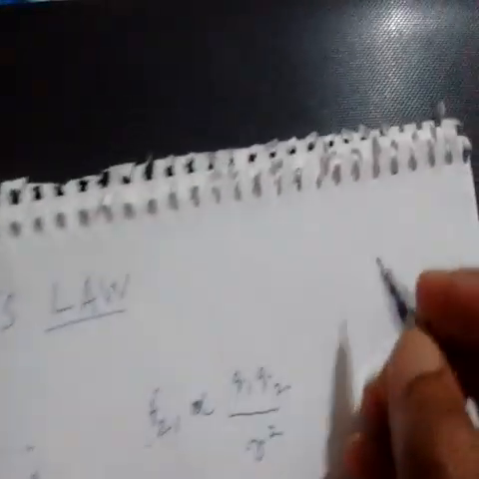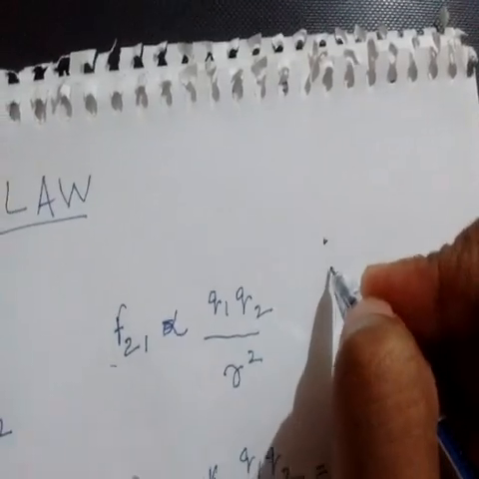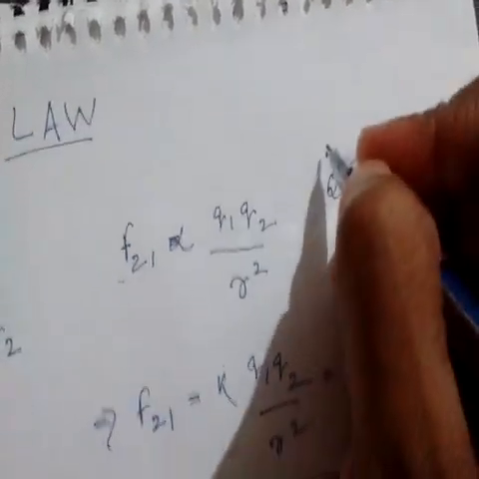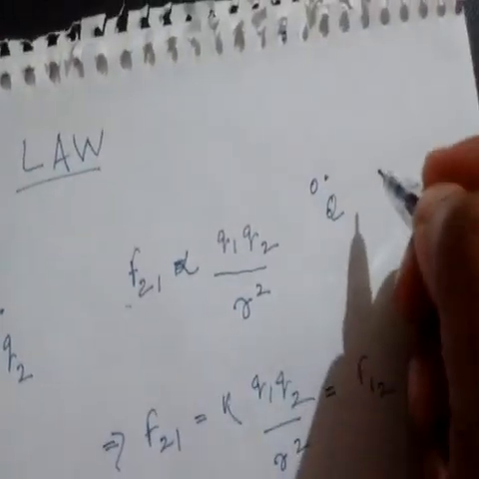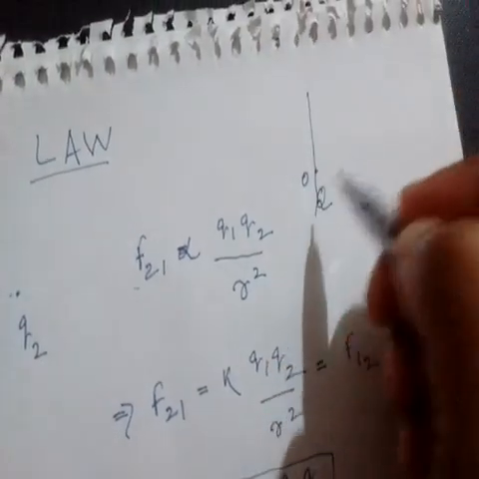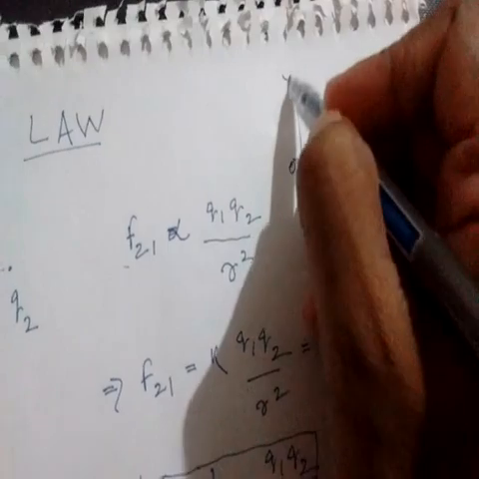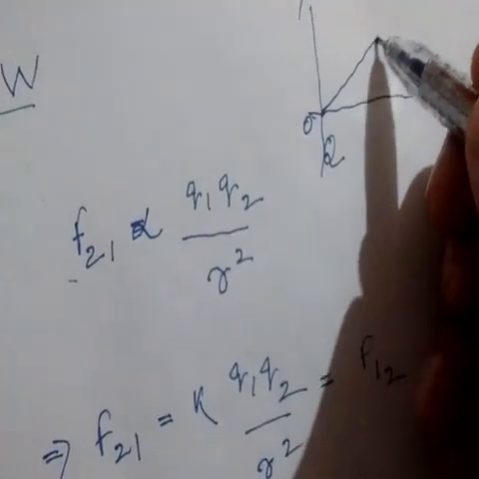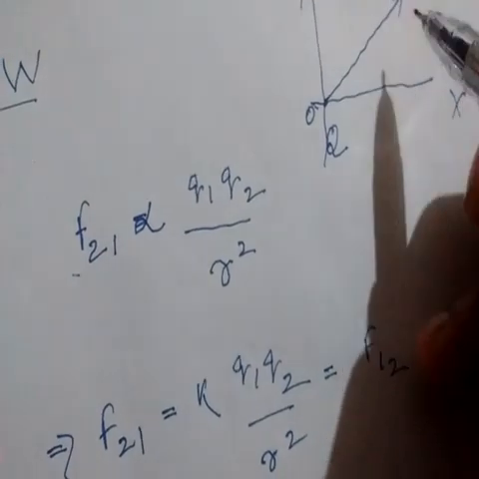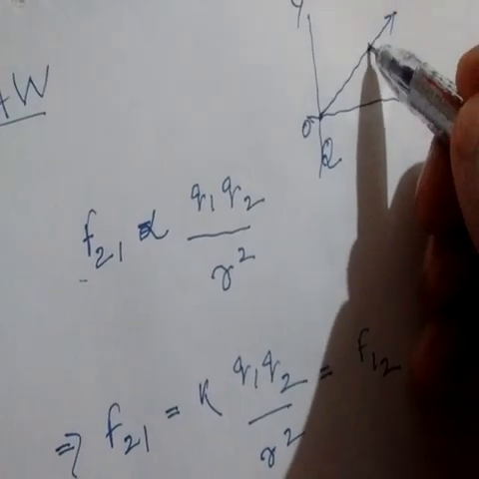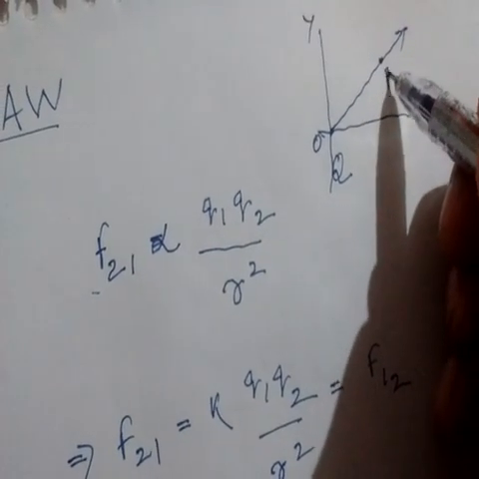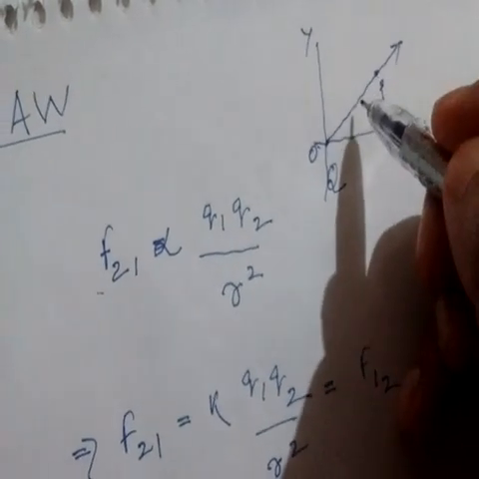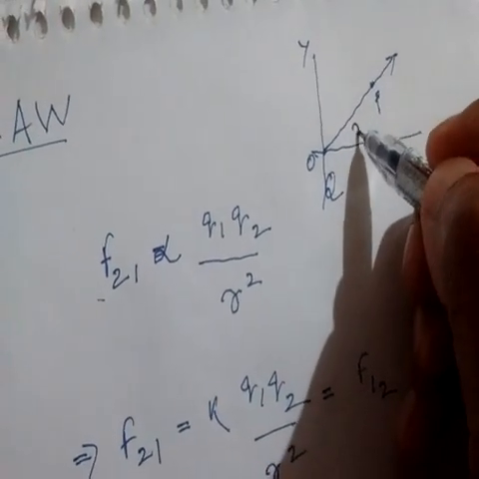Suppose this is the charge Q placed here at the origin O. Mark two axes here, x axis, y axis. If you draw a vector here and put a point P, point P's position vector is R.